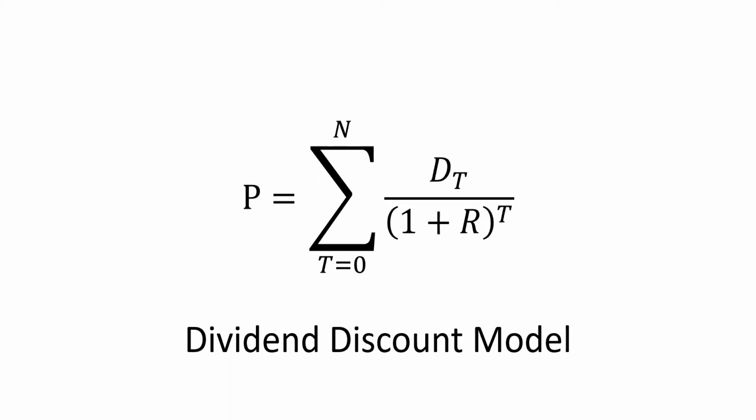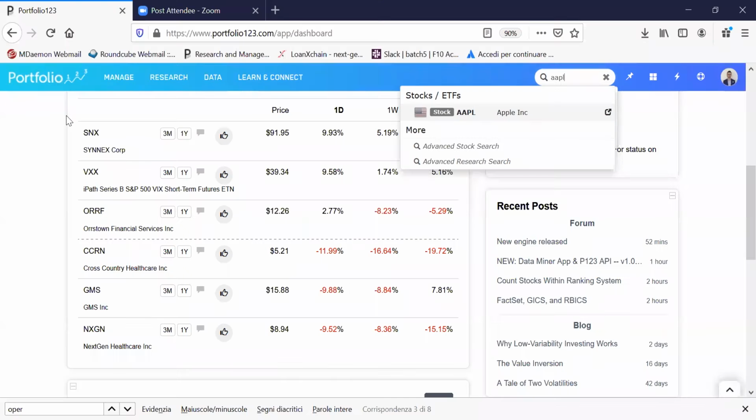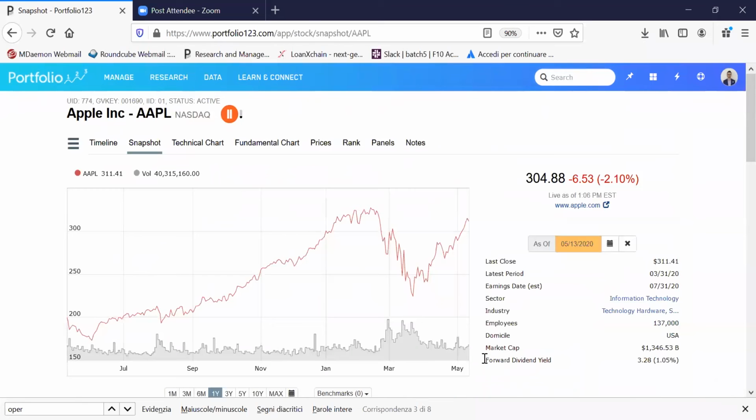So let me share my Folio page. You should see this. Right, so here we have Apple stock, and the first thing that catches our eye is the forward dividend yield, the yield that we expect over the next 12 months.